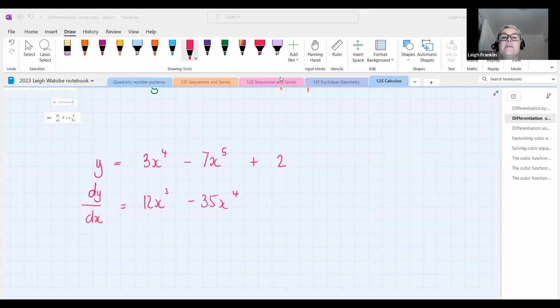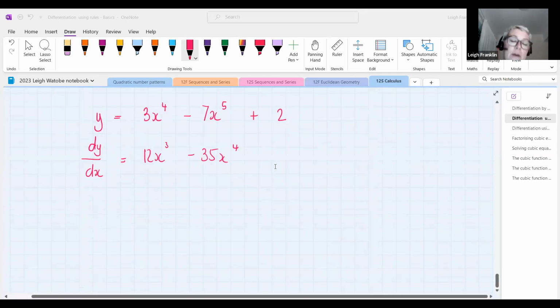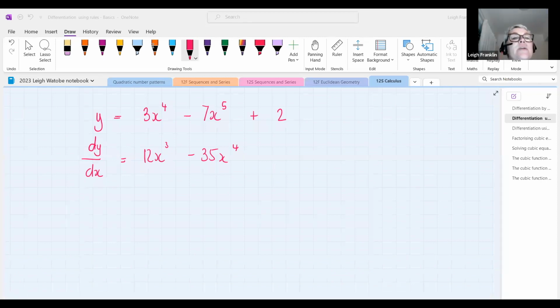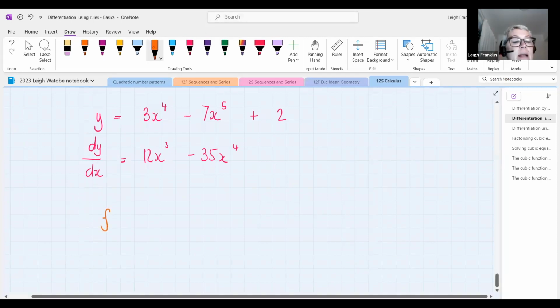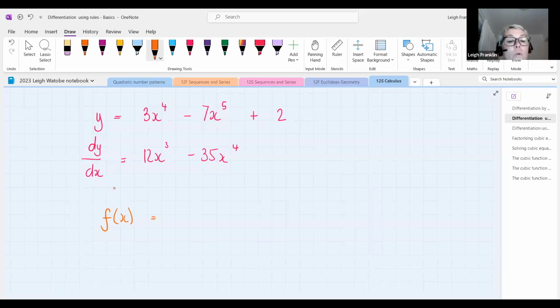Excellent. So now that we've seen it with more than one term, let's go and introduce some other pieces. Let's change our notation and write f of x equals. Now I'm just going to make this slightly more difficult. What happens if we had something like this?